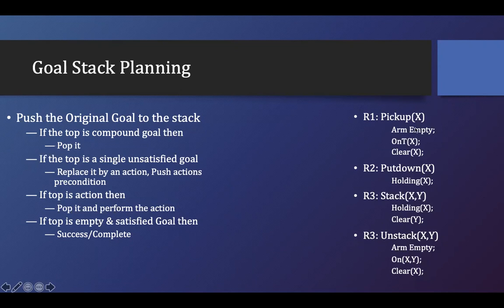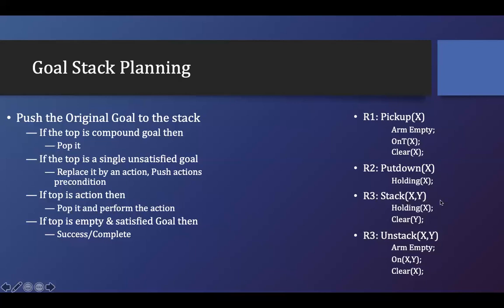After doing an action, we know what the effect should be. The effect is not written here, but we know it. For pickup, we are picking up a box X, so it is no longer on the table; it is in the arm. Putdown means we are putting it down on the table.